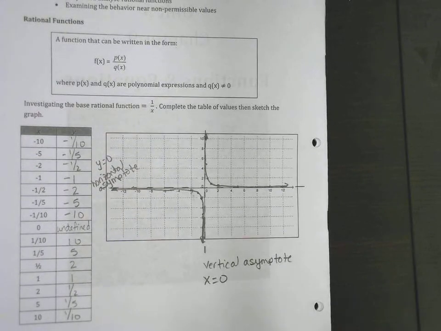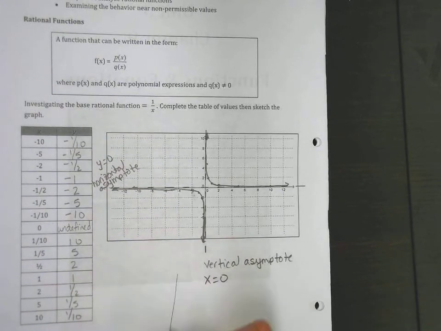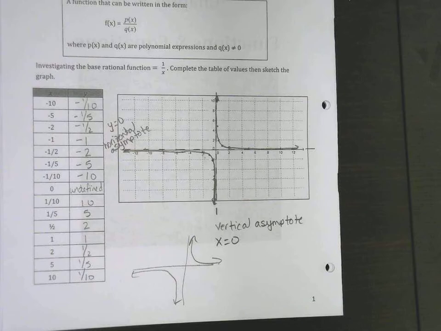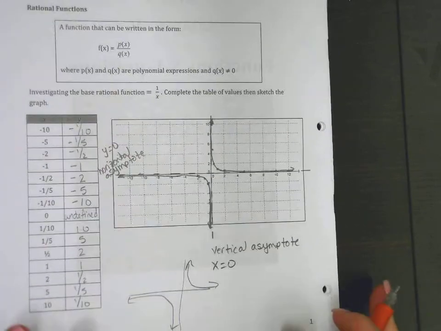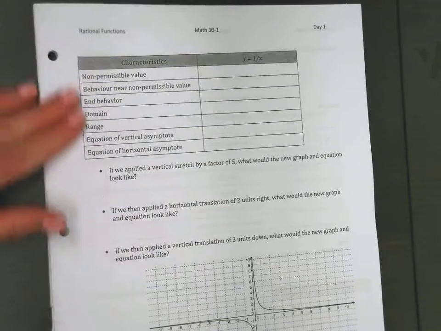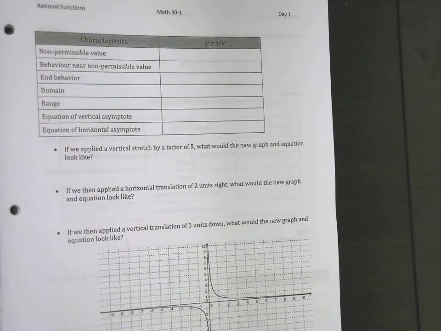Let's talk about characteristics of this. We've talked about them before in rational expressions from Math 20: non-permissible values. Non-permissible values are the values of x that are not permissible to the function. In this case, x cannot equal 0.